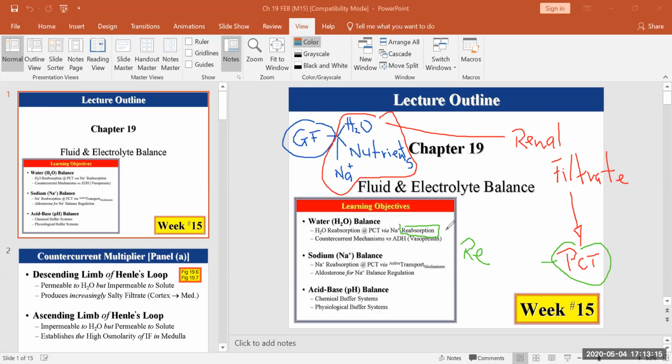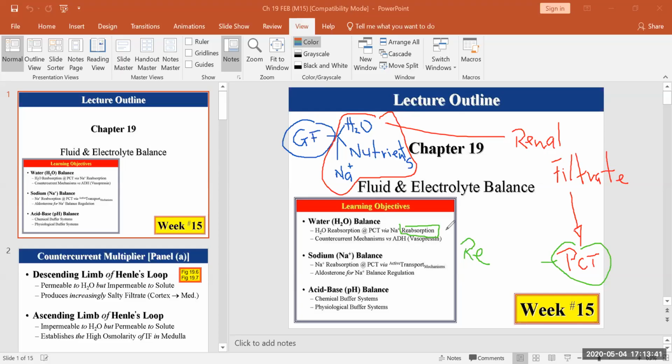The case of bicarbonate is a little bit special, and we'll talk about that later also, because bicarbonate is a very, very important anion. It is used as a buffer, preventing wild fluctuations in the pH in our body, whether it's in the renal filtrate or in the blood plasma.